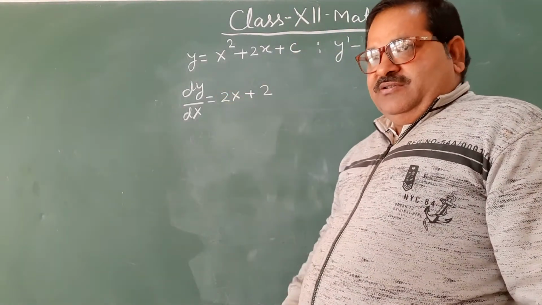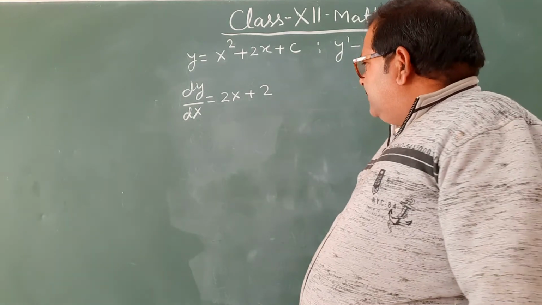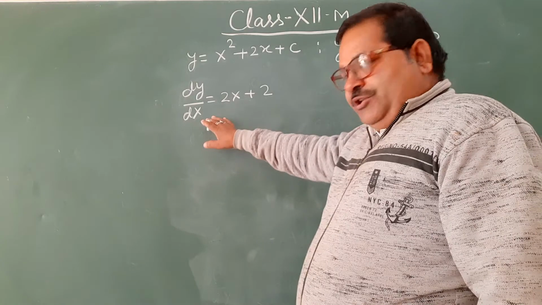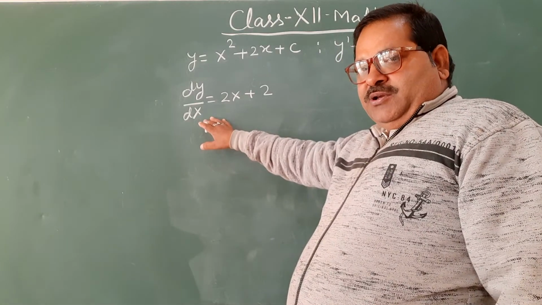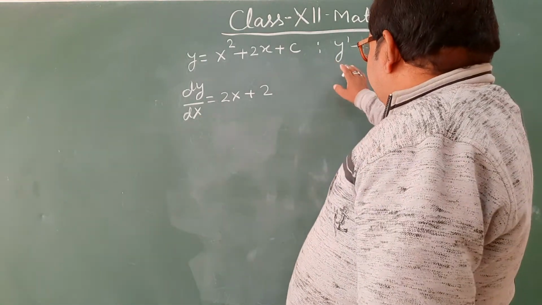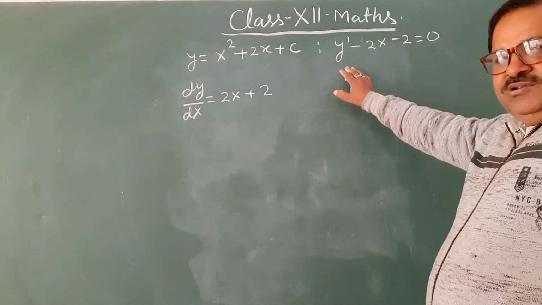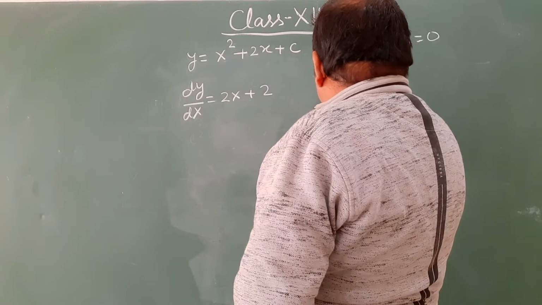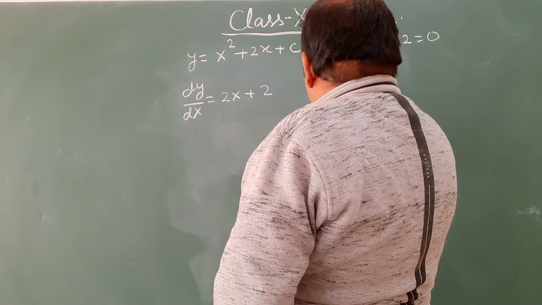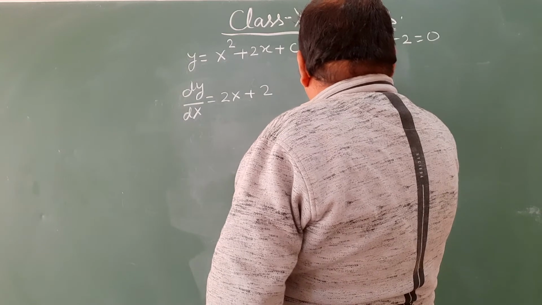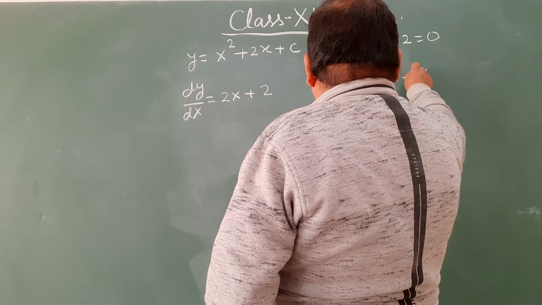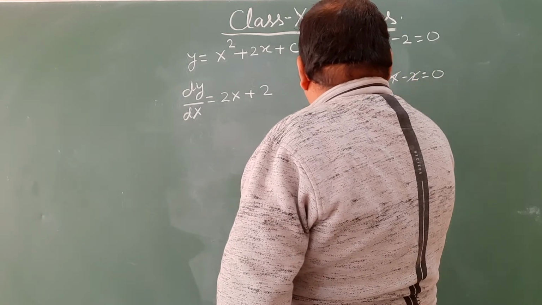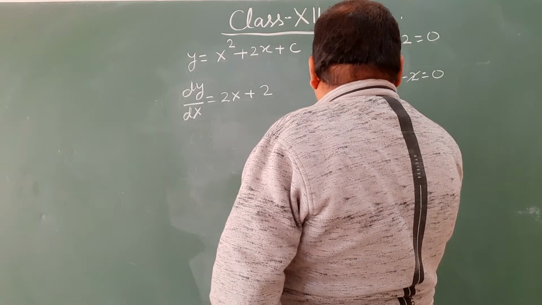Put this value in the differential equation: y dash, 2x plus 2 minus 2x minus 2, equal to 0.